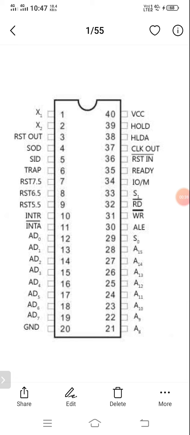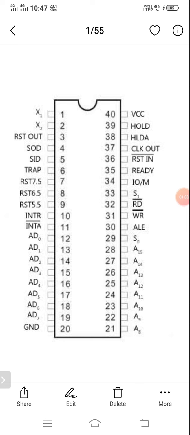What is meant by opcodes? The full form of opcodes is operational codes. Yesterday we heard, what we know, assembly programming language is used for application of the microprocessor.